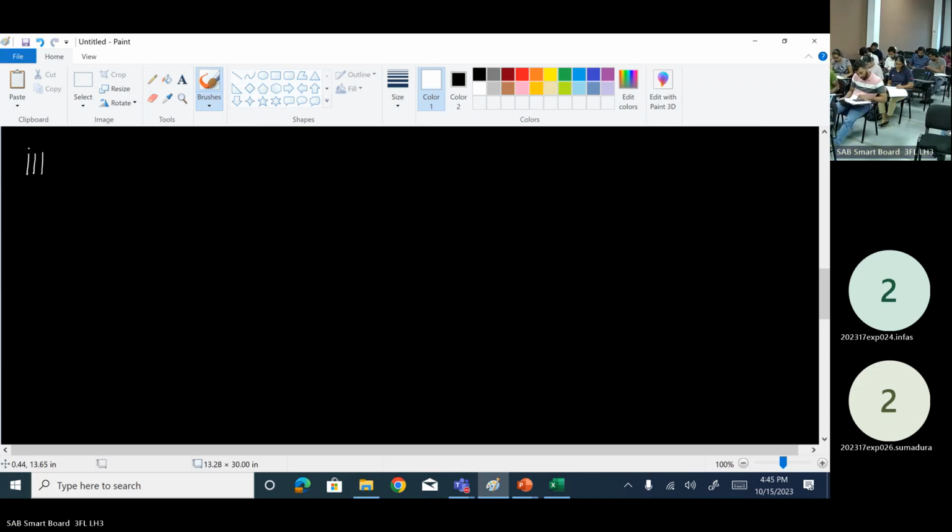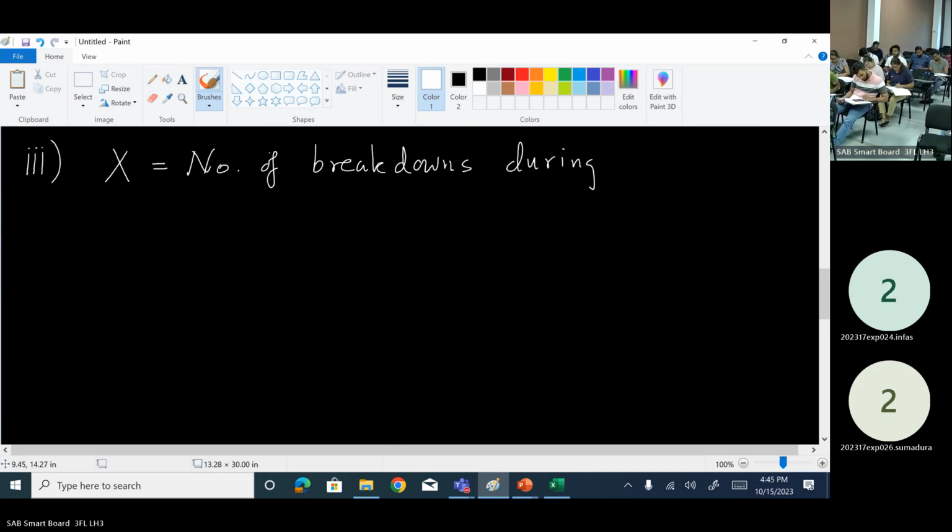Third one. Number of breakdowns during 2 years. So lambda per year is 30, for 2 years it is 60.